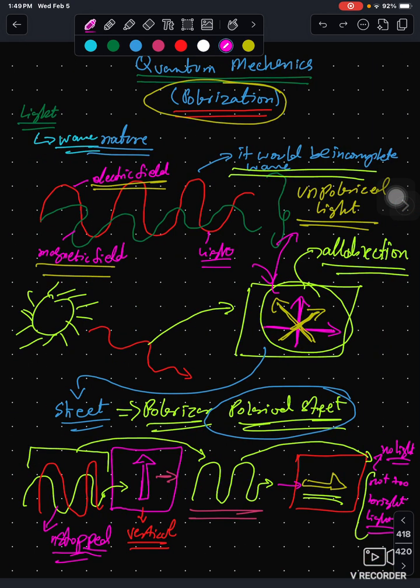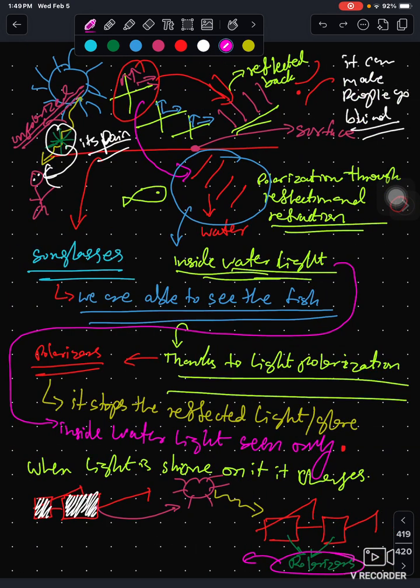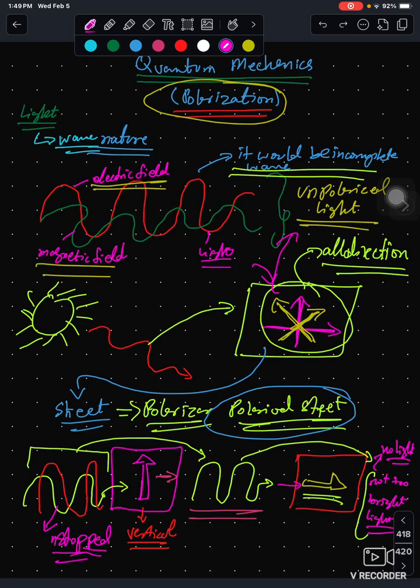Now let's talk about one last phenomenon of light, one last topic, which will take us from classical physics to quantum mechanics.